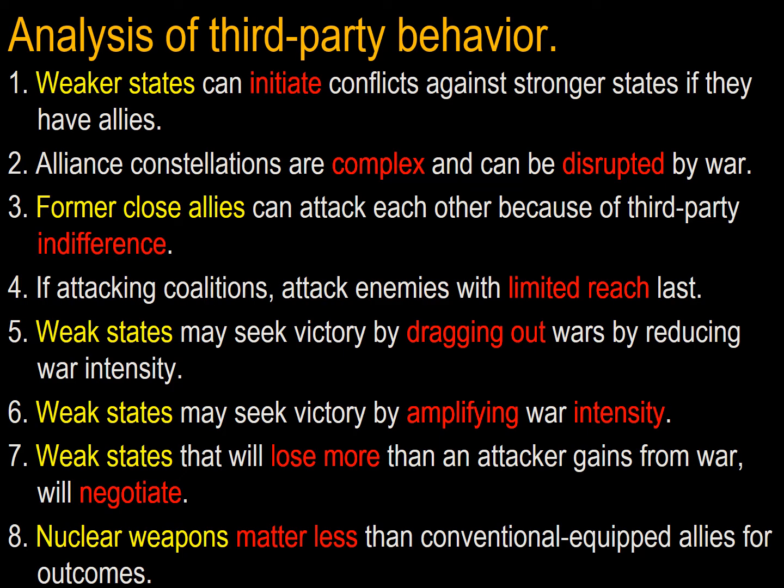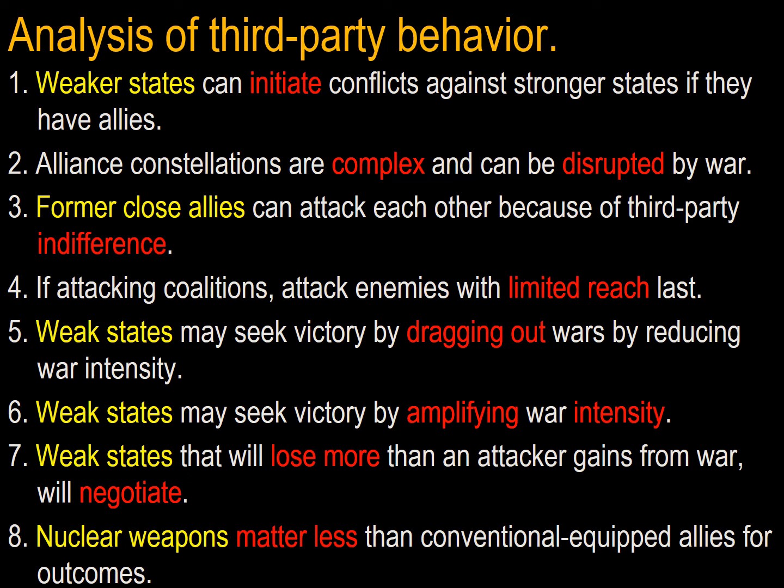Now, there are some counterintuitive findings from Bueno de Mesquita's expected utility theory. He did a complex analysis of third-party behavior. 1. Weaker states can initiate conflicts against stronger states if they have allies. 2. Alliance constellations are complex and can be disrupted by war. 3. Former close allies can attack each other because of third-party indifference. 4. If attacking coalitions, states will attack enemies with limited reach last. 5.